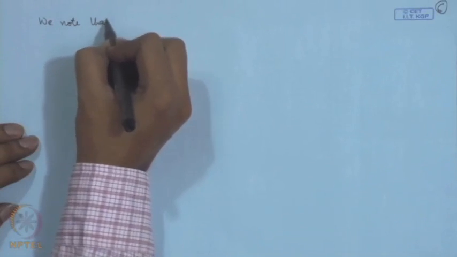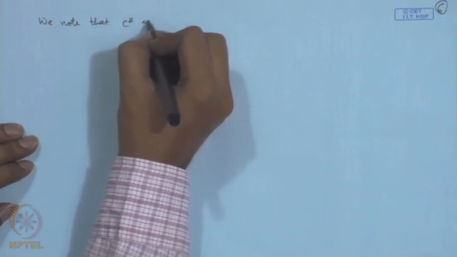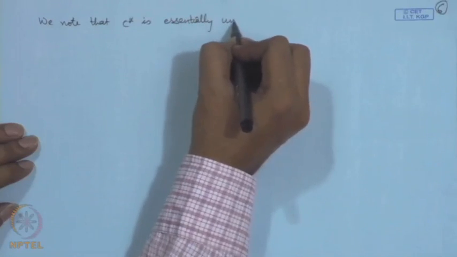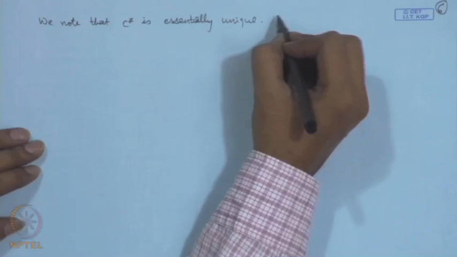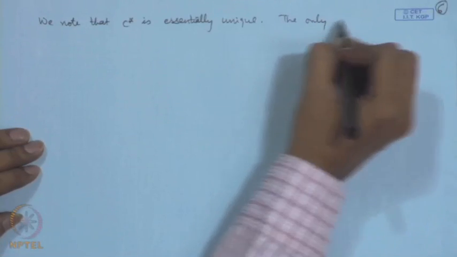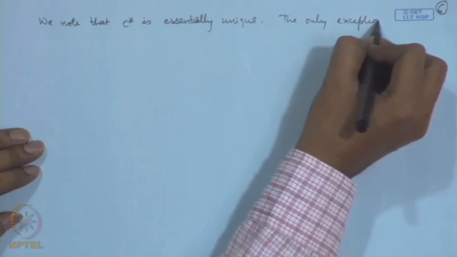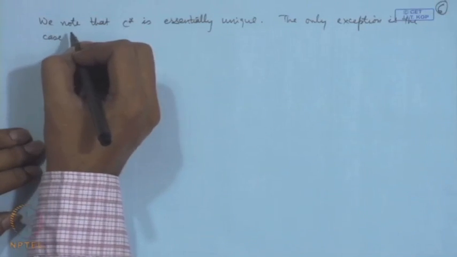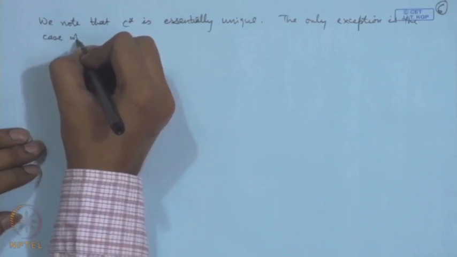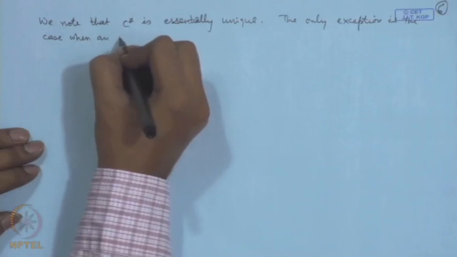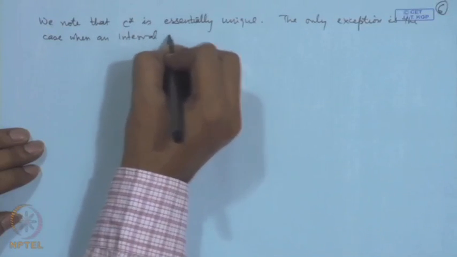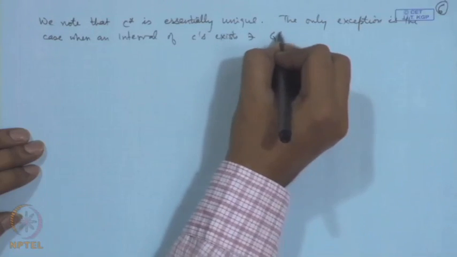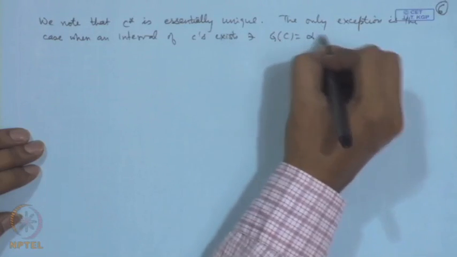We note that C star is essentially unique. The only exception is the case when an interval of C's exists such that G C is equal to alpha.